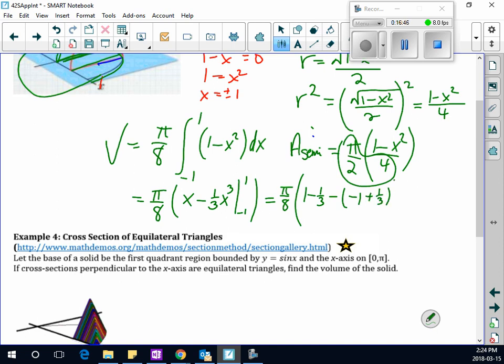The 1/3s don't cancel, they all add up together. So I get pi over 8 times 2 minus 2/3. 2 minus 2/3 is 1 and 1/3, which is 4 over 3. So pi over 8 times 4 over 3, and I get pi over 6.